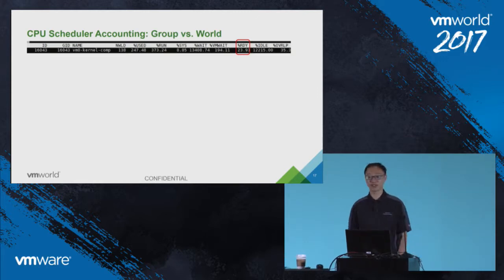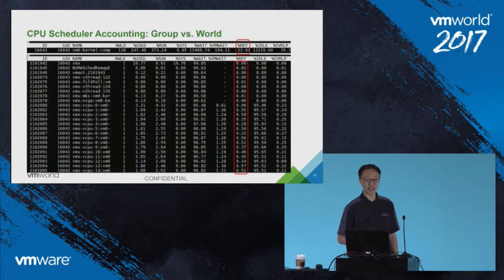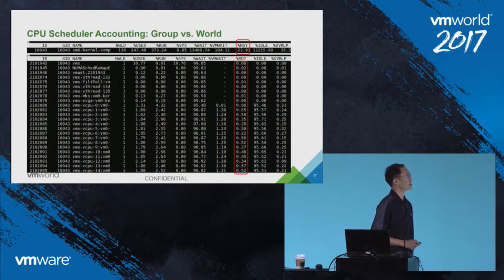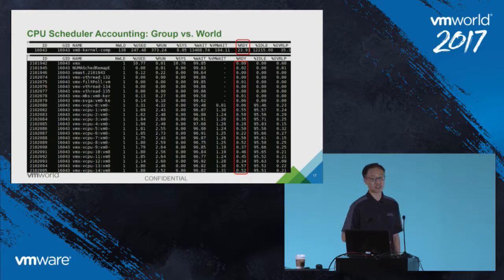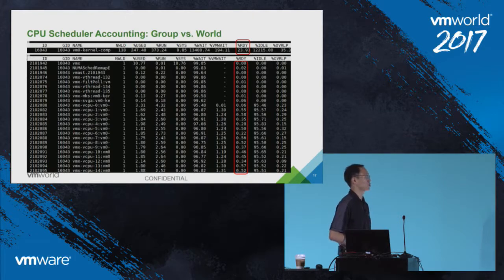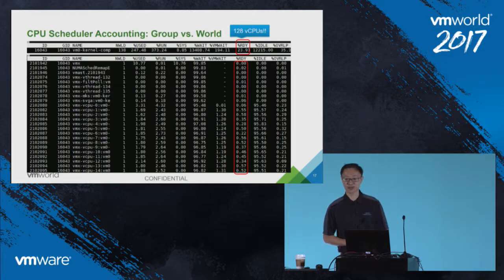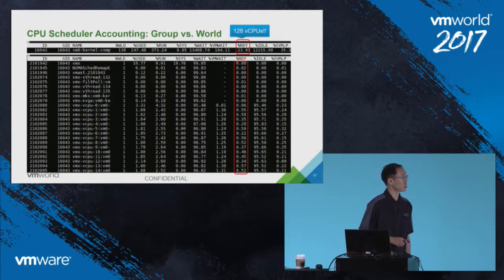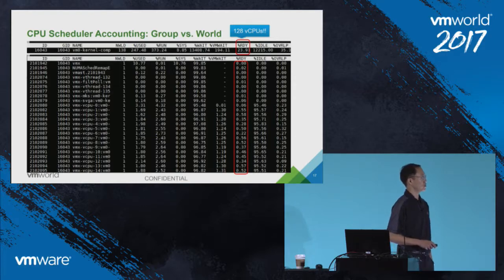I have 23% here. It's pretty bad. But is it? If we expand this view into this VM, we see a lot of vCPUs. In this specific case, we have 128 vCPUs in this VM, and all these ready times add up to 23%. But if we look at each individual vCPU, the ready time is very negligible.